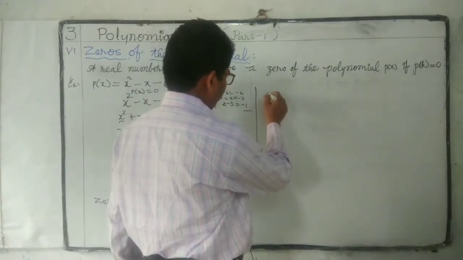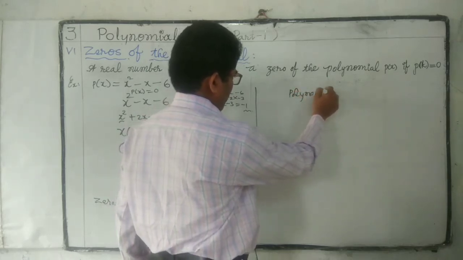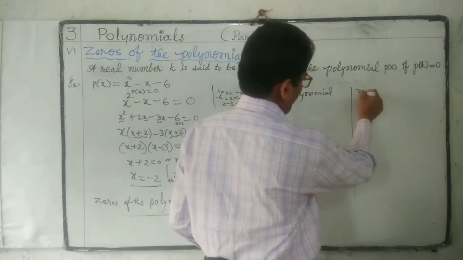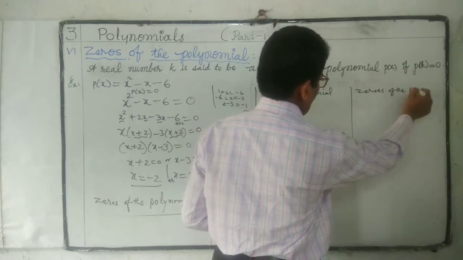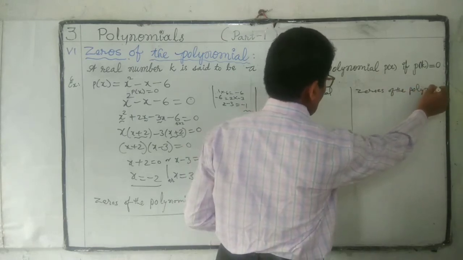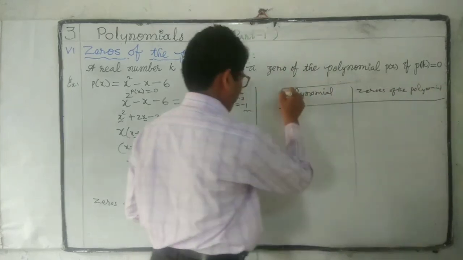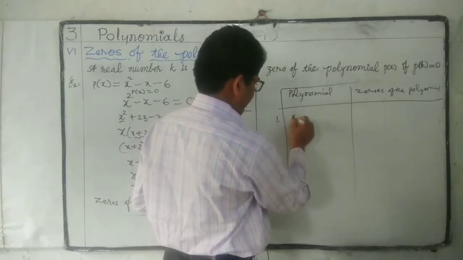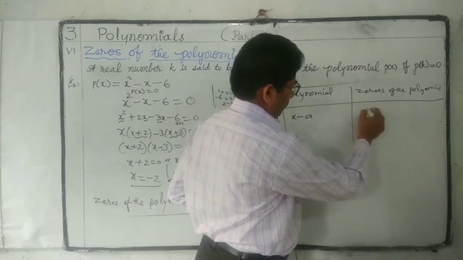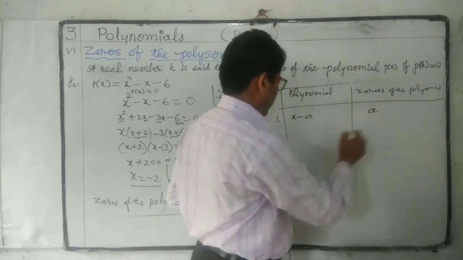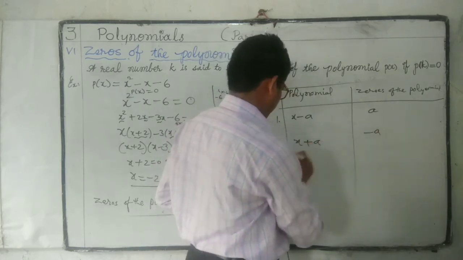Example, zeros of the polynomial x minus a: this is a polynomial. It has 1 zero, a. For x plus a, the zero is minus a.